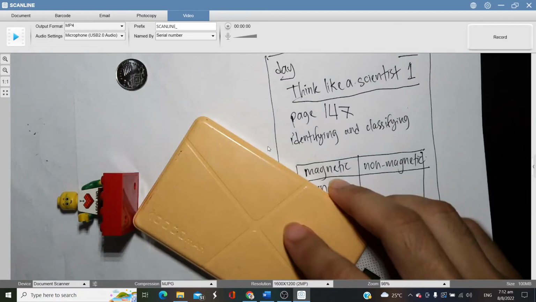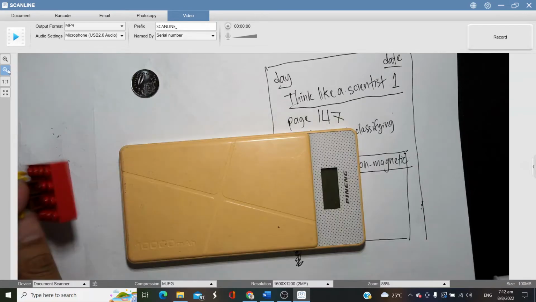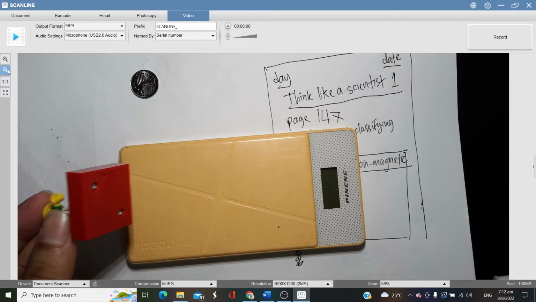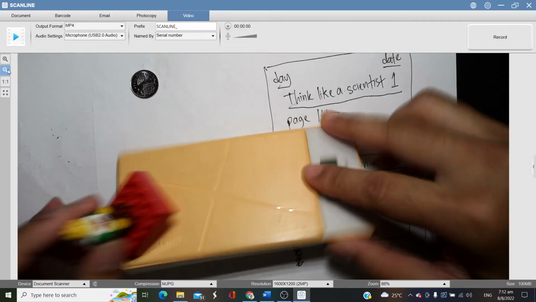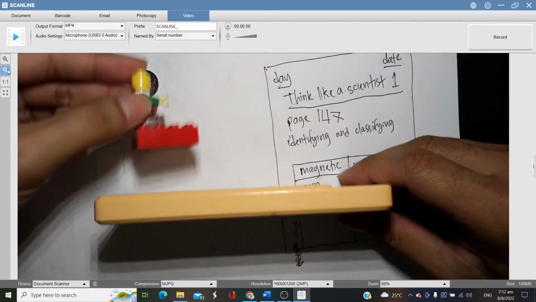Oh, okay. I've got a power bank here, and let's try. This is the magnet, and this is my power bank. Let's try to stick. It's not attracting at all.